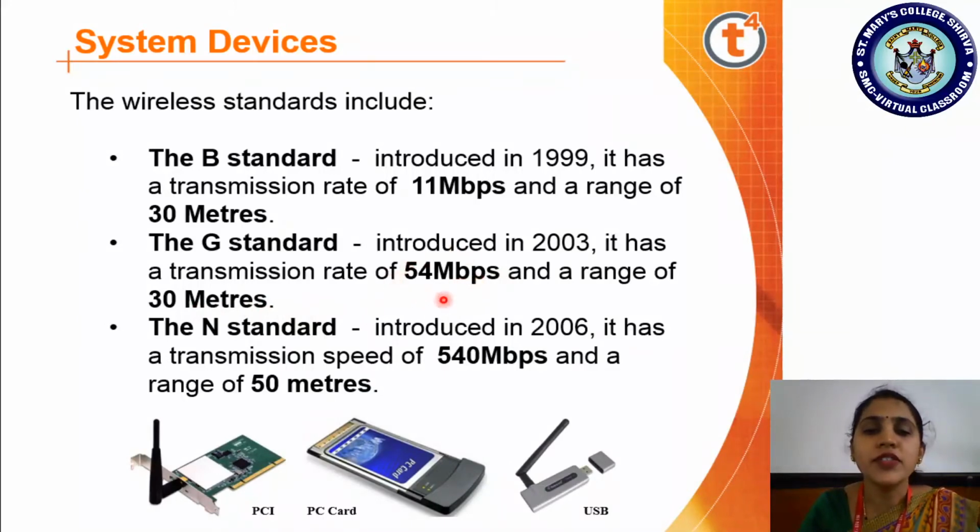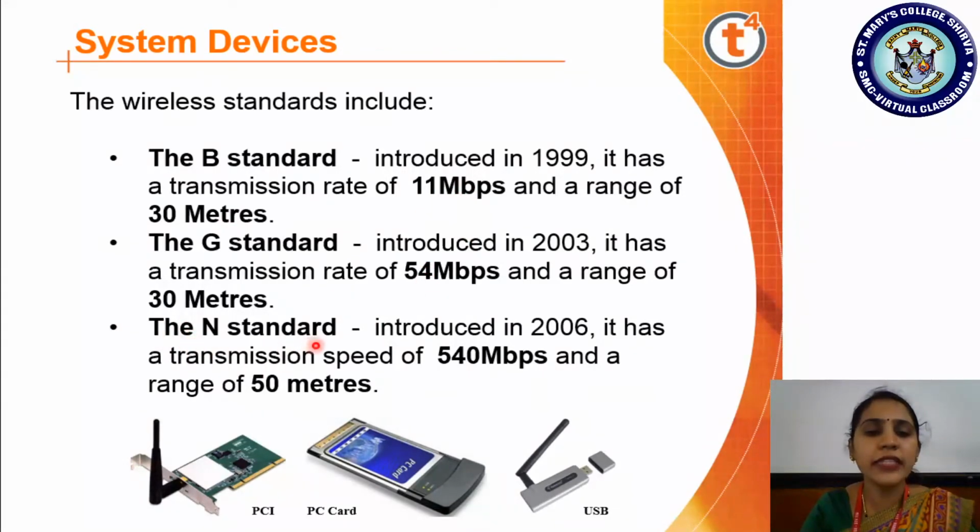But just check the speed of transmission of data here. That is what makes the G standard different from the B standard. Even though the distance is the same, the rate of transmitting the data varies: the B standard is less and G is comparatively more.